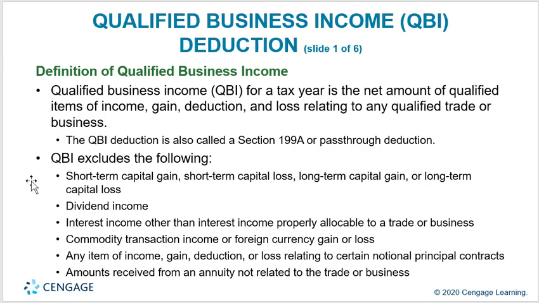The QBI excludes the following: short-term and long-term capital gains and losses, dividend income, interest income other than interest income properly allocable to a trade or business, commodity transaction income or foreign currency gain or loss, any item of income, gain, deduction or loss related to certain notional principal contracts, and amounts received from an annuity not related to the trade or business.